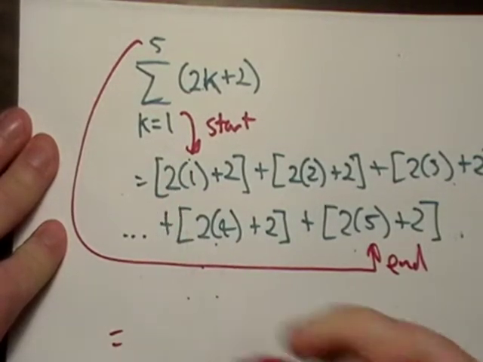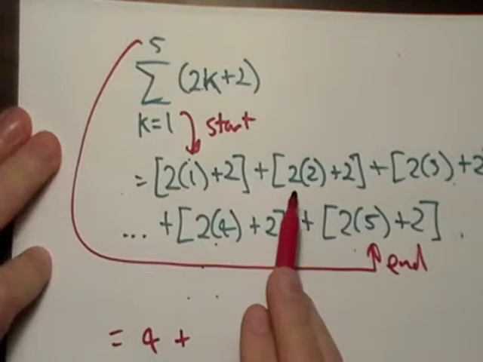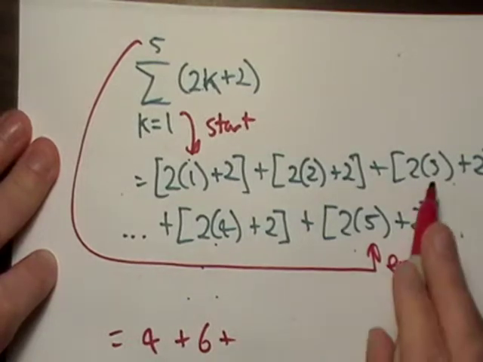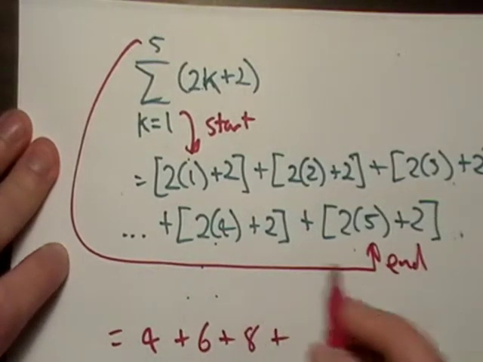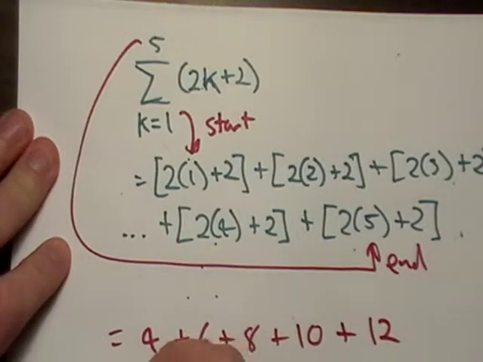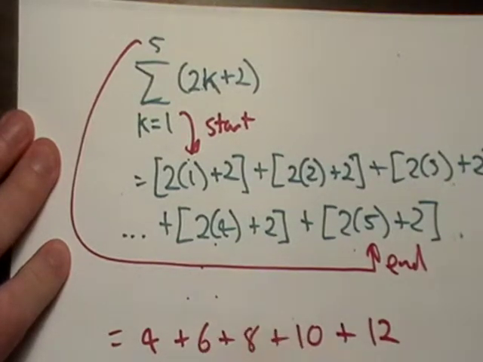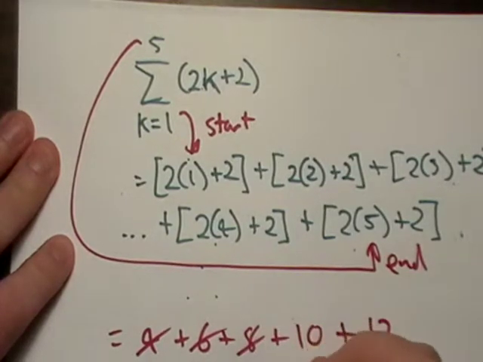Next thing we do is simplify this. So this is going to be 2 plus 2, that's going to be 4. 2 times 2 is 4, plus 2 is 6. That's going to be 6 plus 2 is 8. 8 plus 2 is 10. Then we're going to add these all up. I just like to go 4, 6, and cross them out, plus 8, plus 10, plus 12.